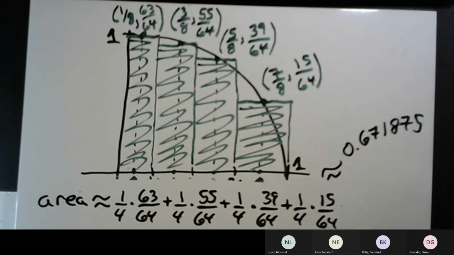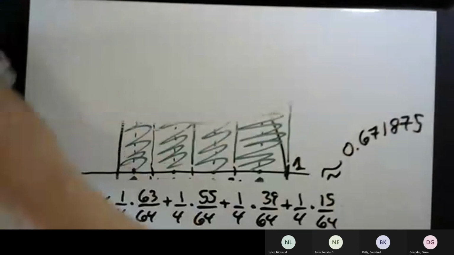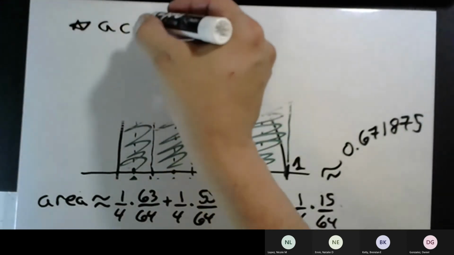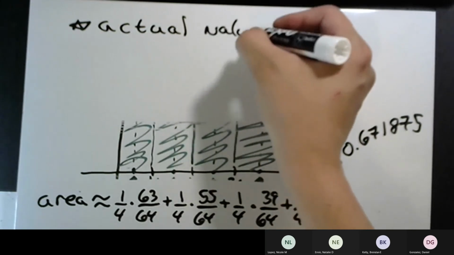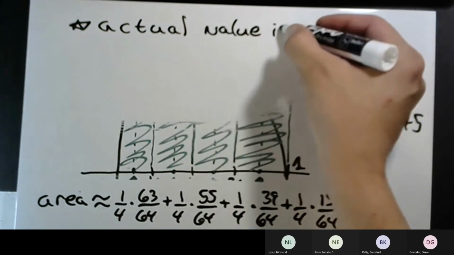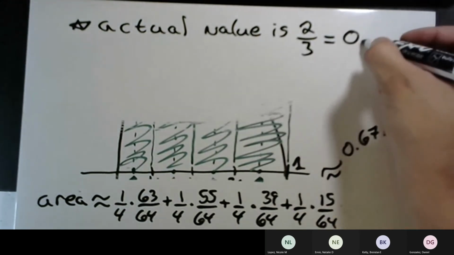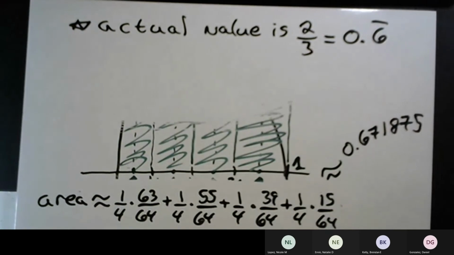Now, the actual value is 2/3, which is 0.6 repeating. So this got us pretty darn close.